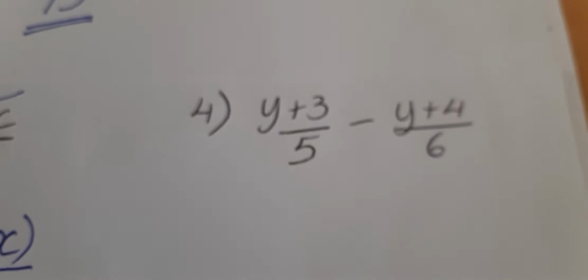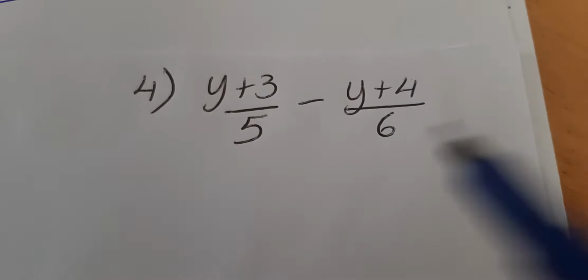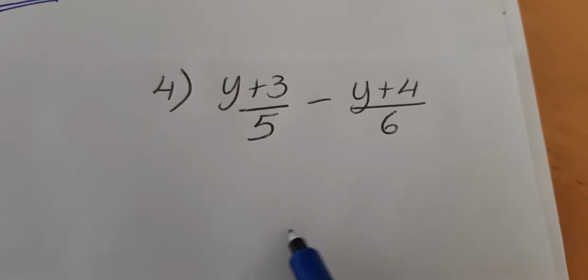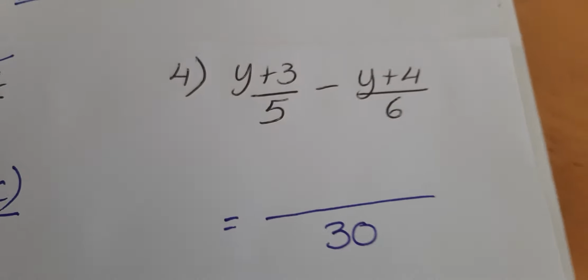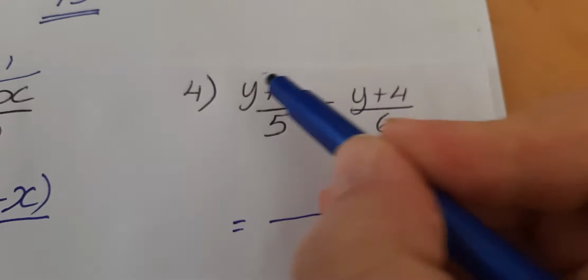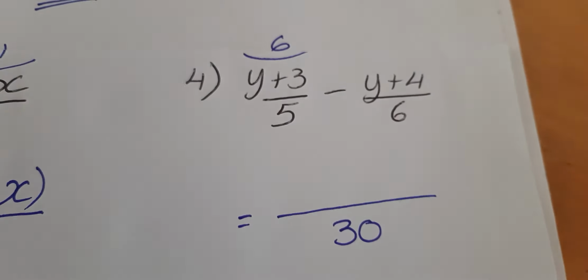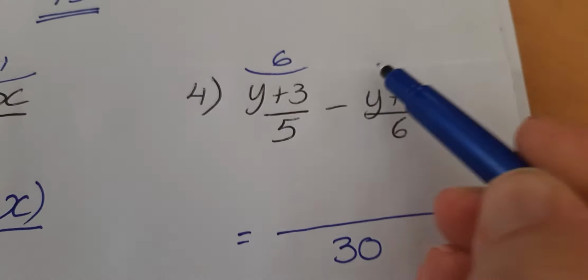Let's look at this next one. The lowest common denominator between 5 and 6 is 30. They both go into 30. That's the smallest number they both go into. 5 goes into 30 6 times and 6 goes into 30 5 times.